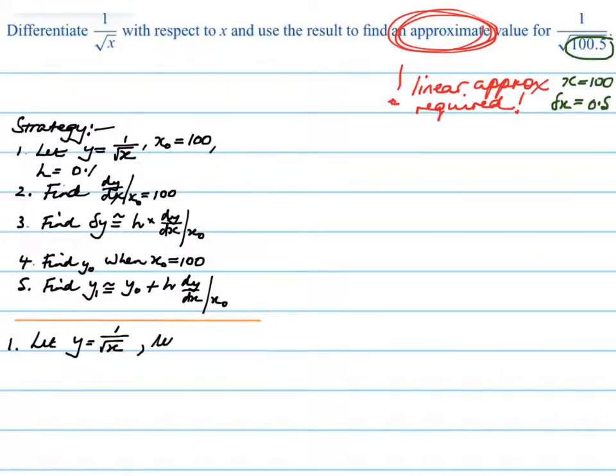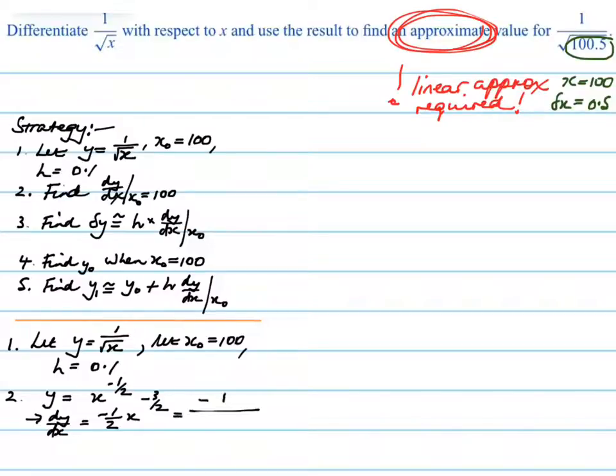Right, we let y equal 1 over root x, when x0 is 100 and h is 0.1. Step 2: y is x to the minus a half, because I'm going to differentiate it now. Dy dx is minus a half x to the minus 3 on 2. Just cleaning it up a bit: minus 1 over 2 times x to the 3 over 2.